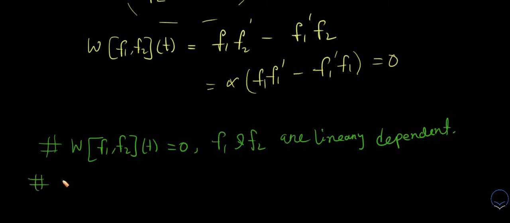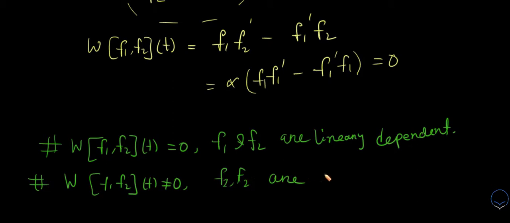And if the Wronskian of f1, f2 is not 0, that would mean f1 and f2 are linearly independent.